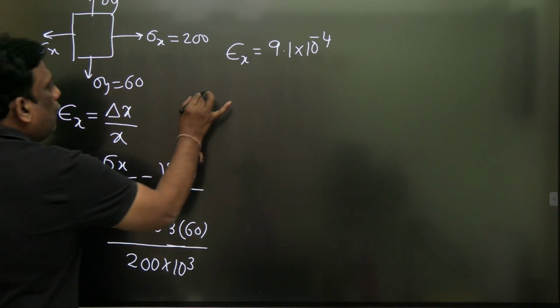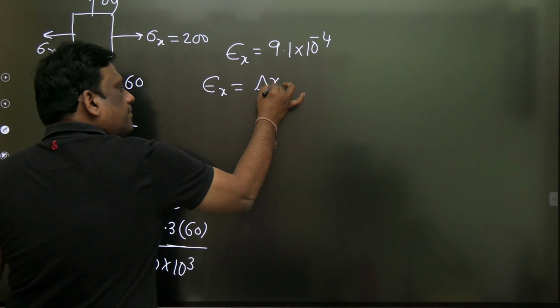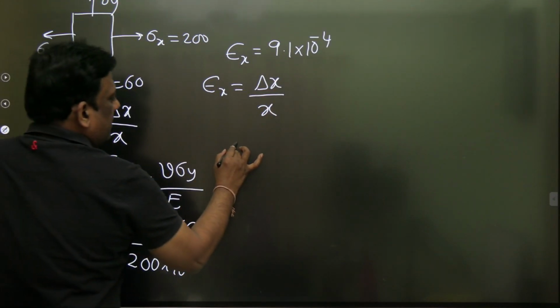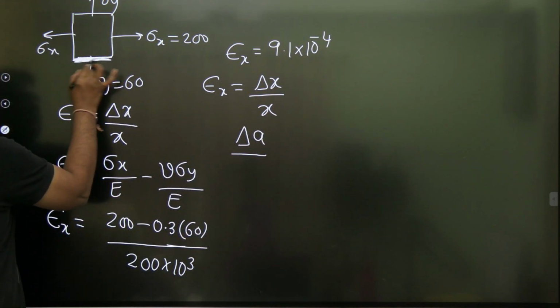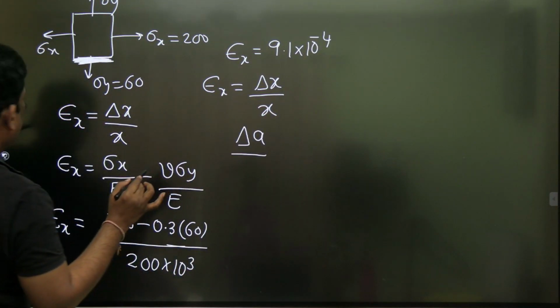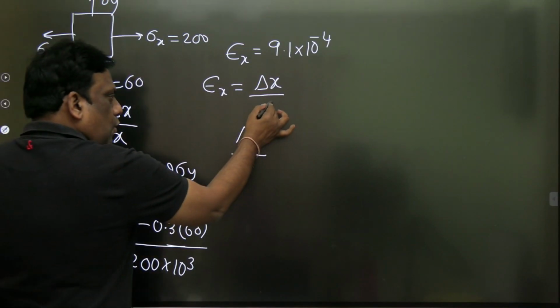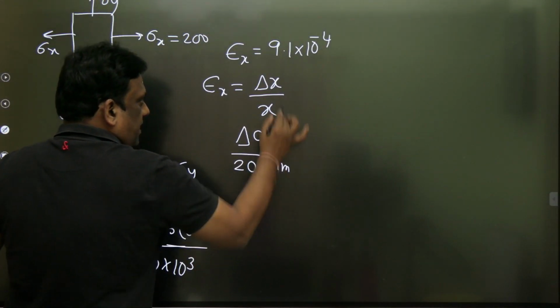Yes. But what is the meaning of this? Strain in x direction is change in x dimension to the original dimension. In x direction, the dimension is A. So here, this length is given as A. So he is asking the change in this dimension. And what is A given? It is given as 200. The original length is 200 mm, and strain is dimensionless.